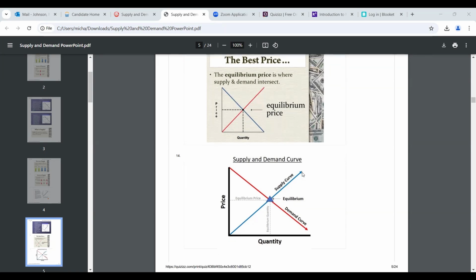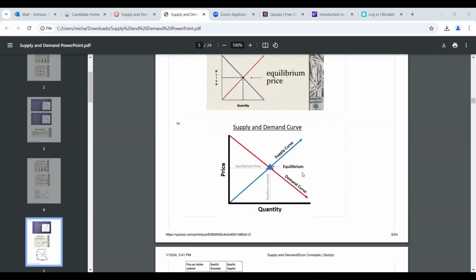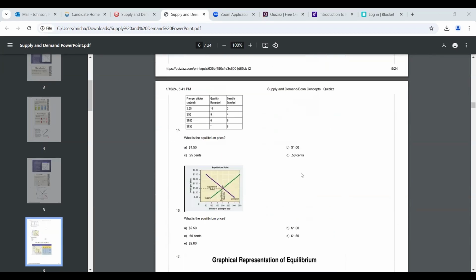So if it's a low price, negotiate for that to buy. If you're a seller, negotiate for a high price to sell at. If you're trying to get a wage, negotiate for a high wage. If you're paying somebody, try to negotiate for a wage that you can afford. So these are very important concepts of negotiation.